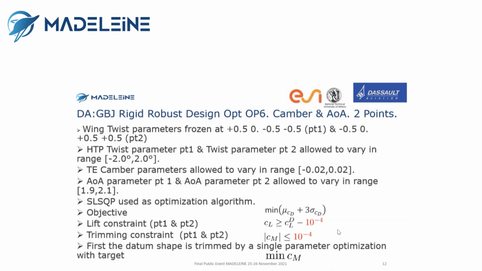In order to have a pitching moment equal to 0 before we perform all these optimizations, we have performed preliminary optimization, both at NTUA and at Dassault, for single point and for robust multi-point optimization.